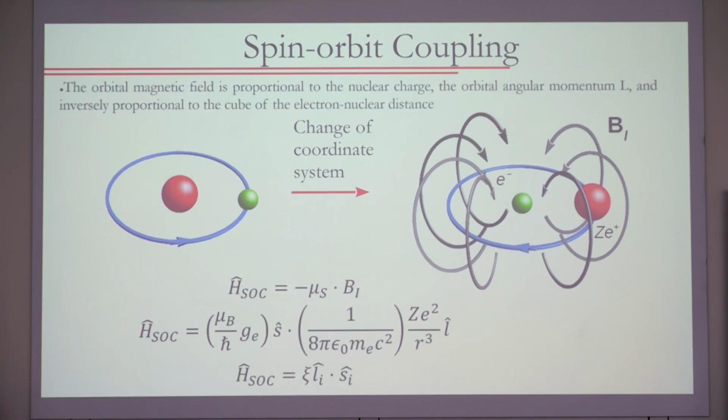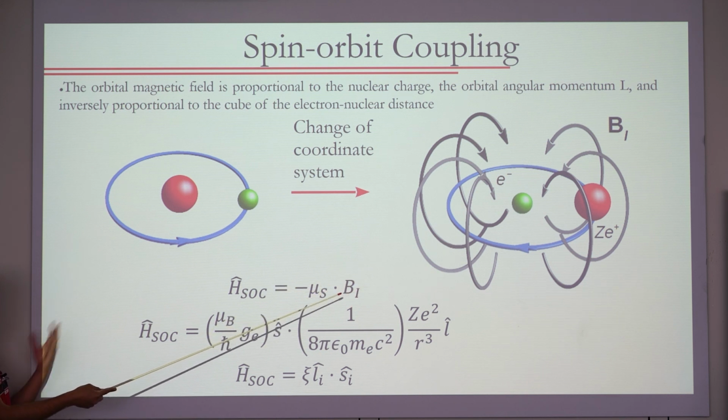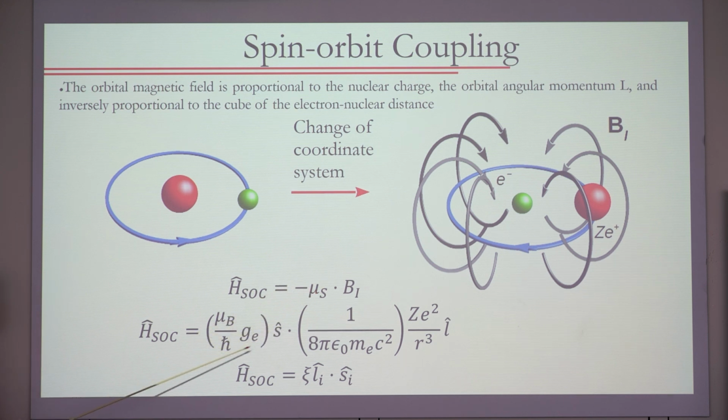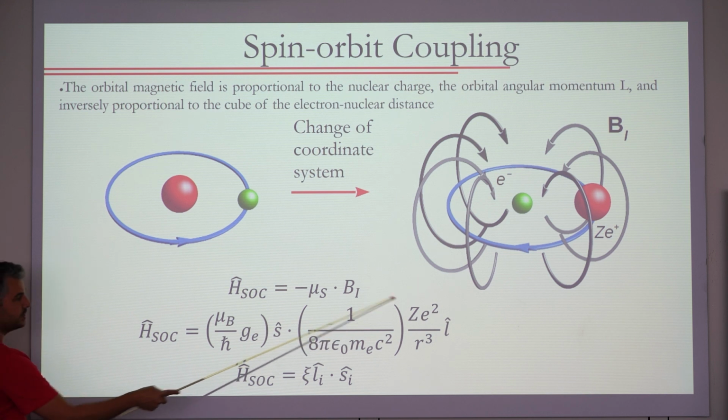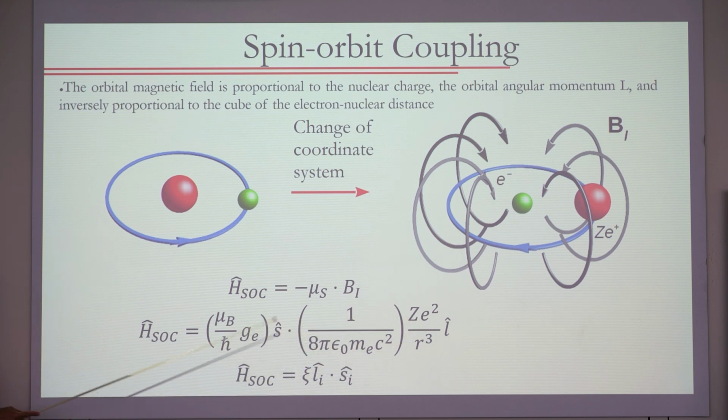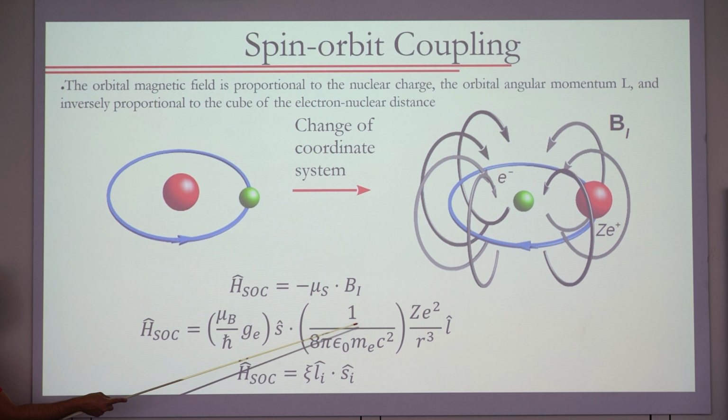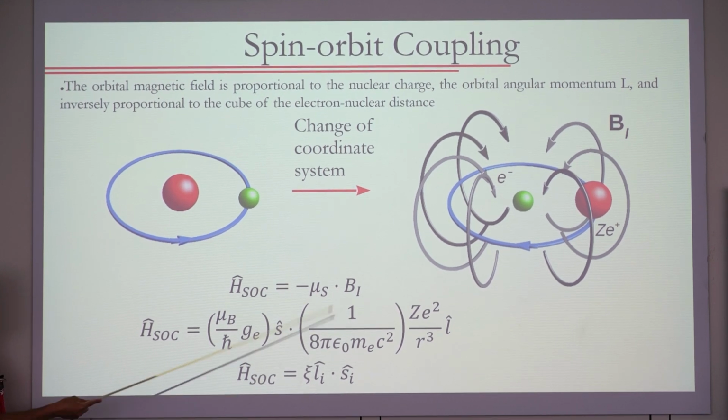Through some theory that I'm not going to discuss, there's a spin orbit coupling interaction that's proportional to, again, a simple energy of a dipole in a magnetic field, but this is the nuclear magnetic field, not an external one, and this is the electron magnetic moment. This is one possible expression, a simplified case for the hydrogenic atom.